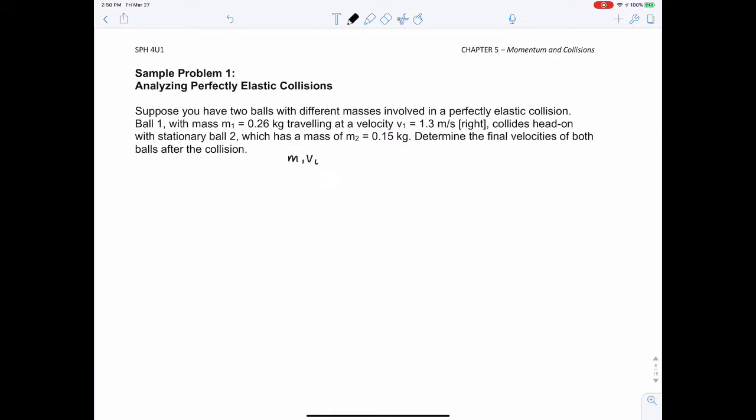We know that M1V initial 1 plus M2V initial 2 is equal to M1V final 1 plus M2V final 2. Now we know that billiard ball number 2 is initially at rest, so its initial momentum is 0.